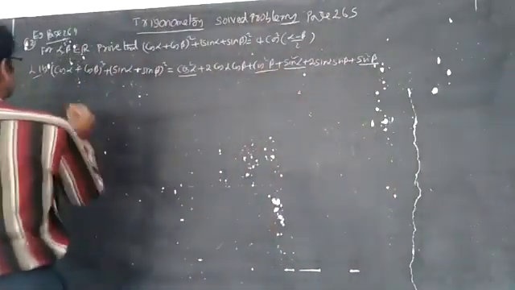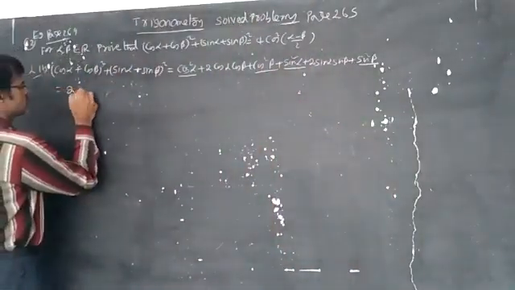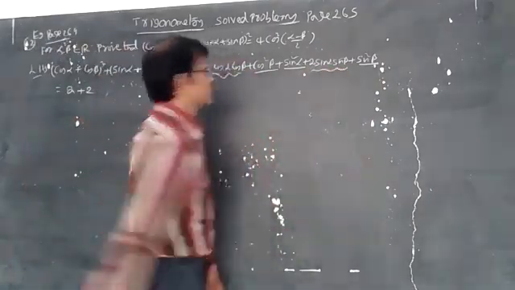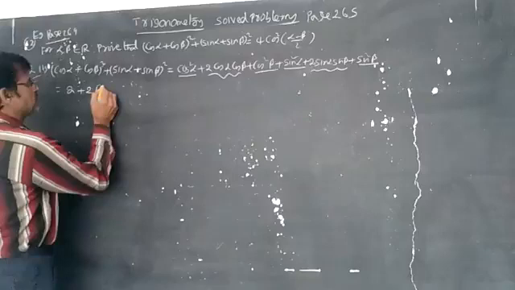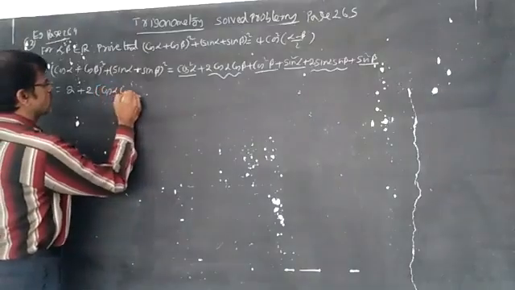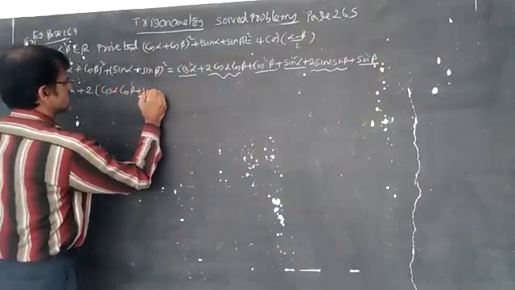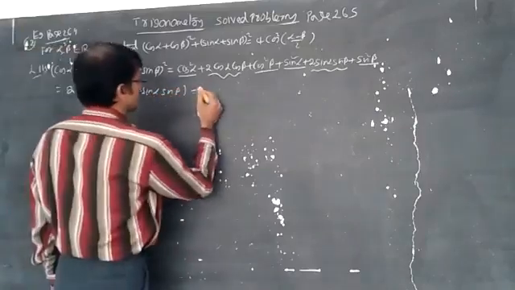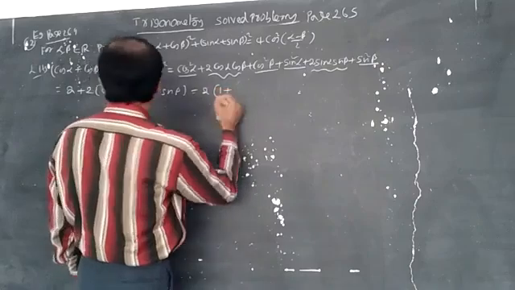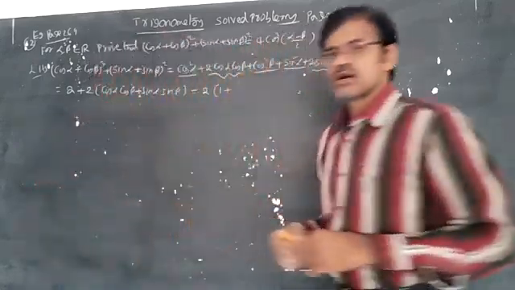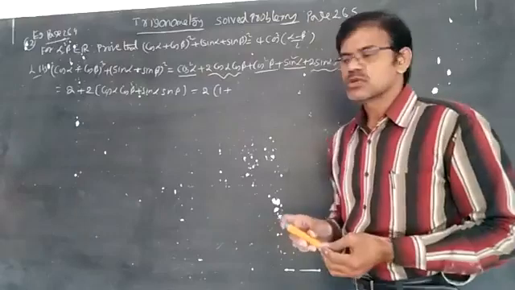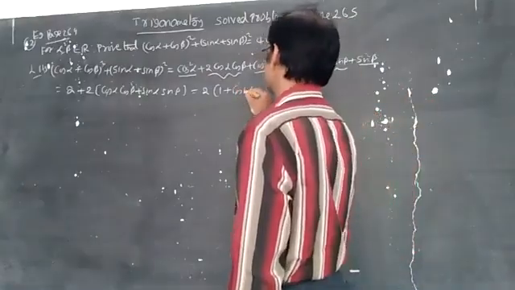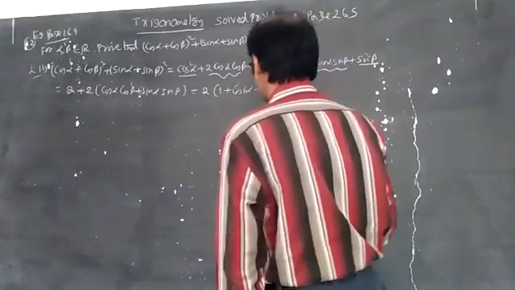Next, 2 is taken common in the two terms, it becomes 2 + 2(cos alpha cos beta + sin alpha sin beta), so 2 total taken common, it becomes 1 + the cos A cos B + sin A sin B concept. That formula is cos(A − B), so this is cos(alpha − beta).